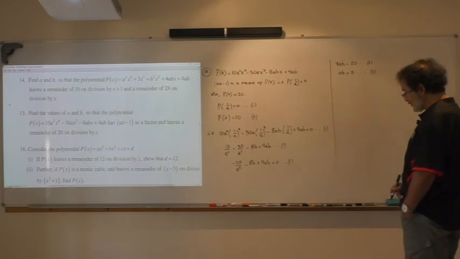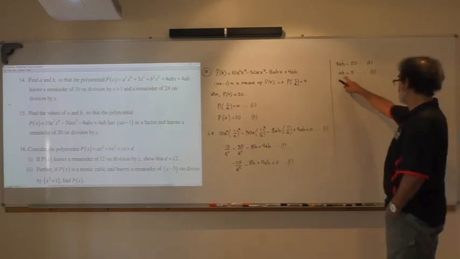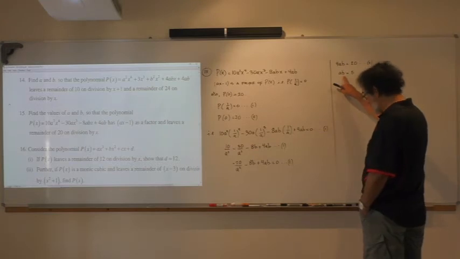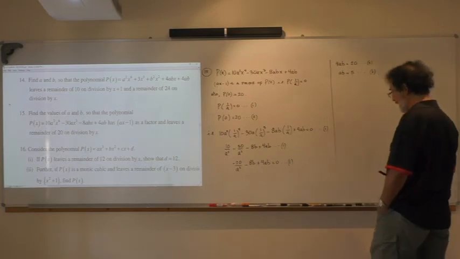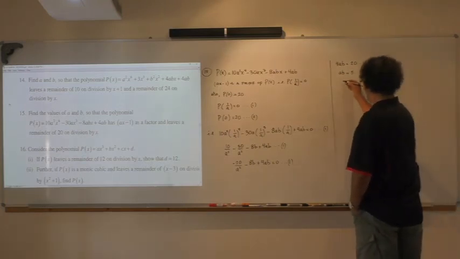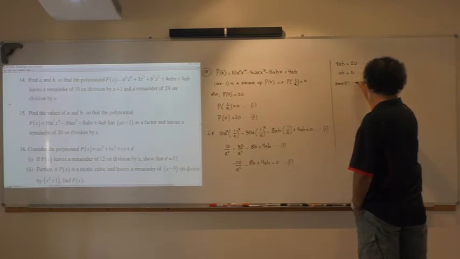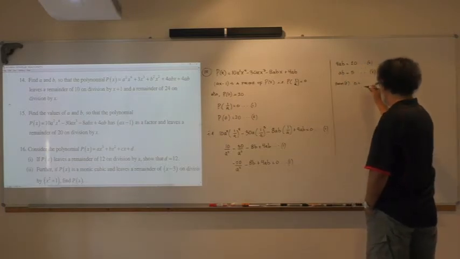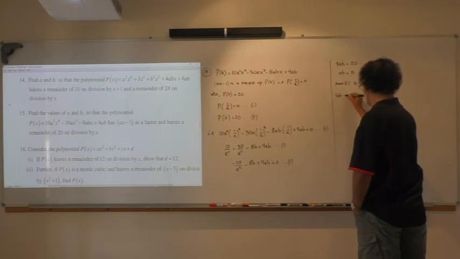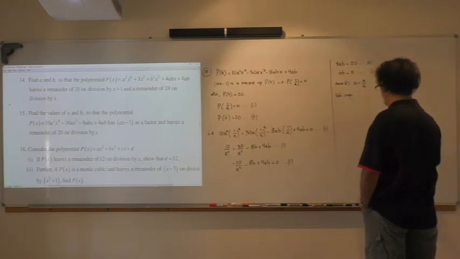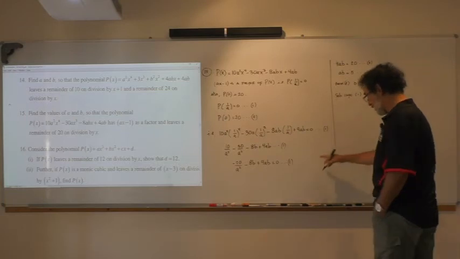Okay, and then what we're going to have to do is make b the subject and substitute it in here. So then we have an equation in a only. So from 2 we have b is equal to 5 over a, and then we're going to sub that into 1, which is this.